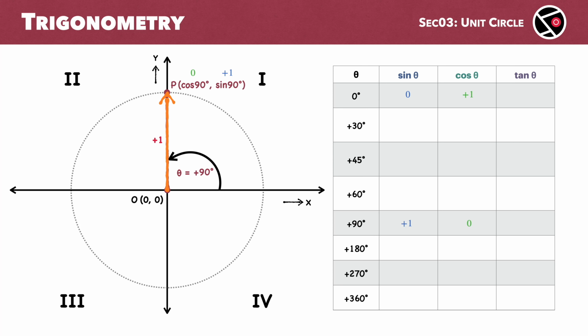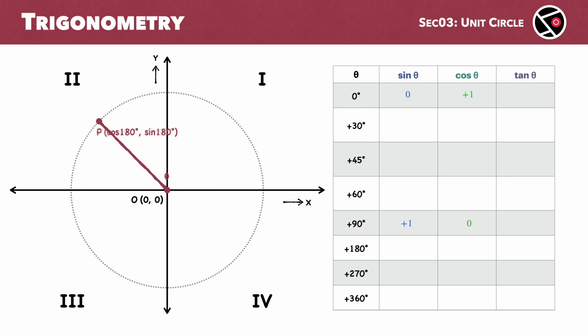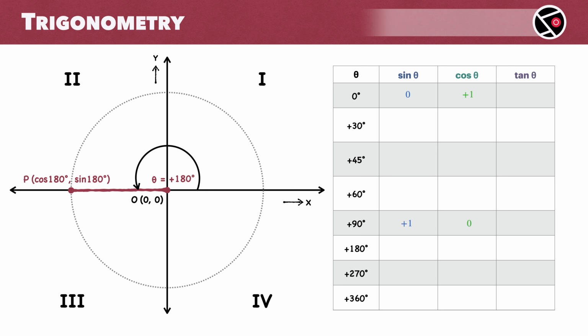Next, let's move to theta equal to plus 180 degrees. Now P is back on the x-axis, but on the negative side. The x-coordinate is minus 1. So cos of plus 180 degrees equals minus 1. The y-coordinate is 0.